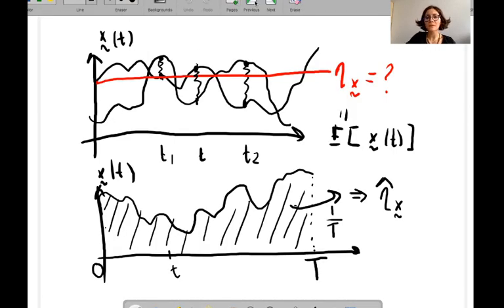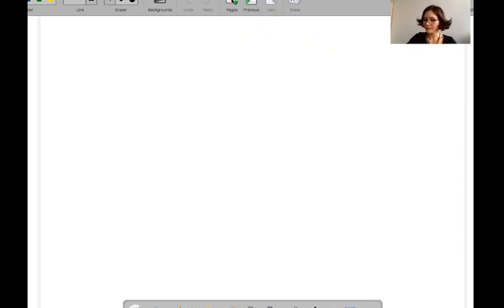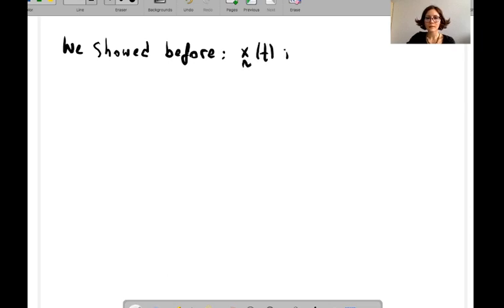Actually, we should first verify the wide sense stationarity. So let's just note that we showed before that x of t is wide sense stationary, and we showed that the mean function is 0.